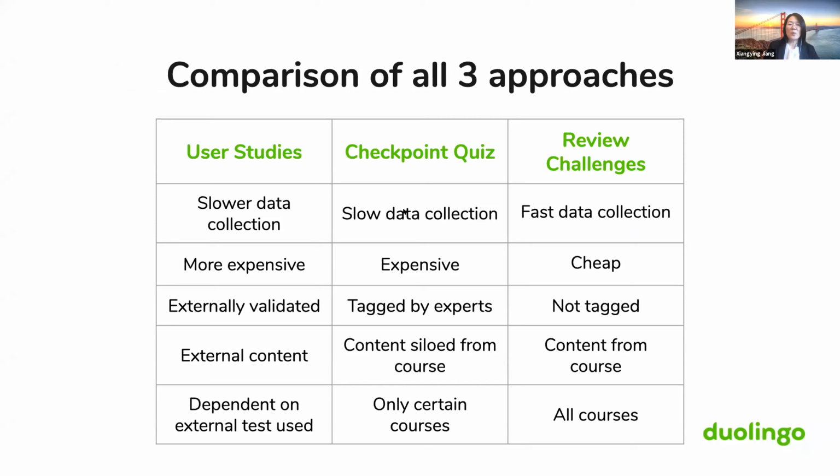So to compare with the two in-app assessment features, user studies are a lot slower for data collection, and it takes a lot more control, and it's expensive. But the strength is these measurements we use are externally validated, and the results can be interpreted by external parties.